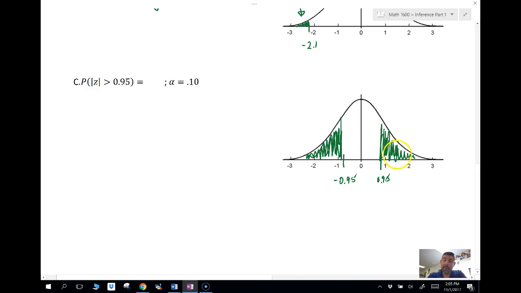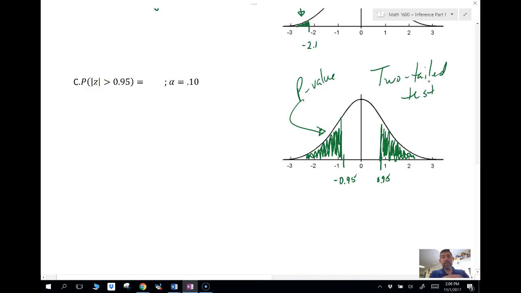My p-value is the sum of these two shaded regions. This is called a two-tailed test, by the way, just because we have two tails, right? So it's the sum of these two shaded regions.